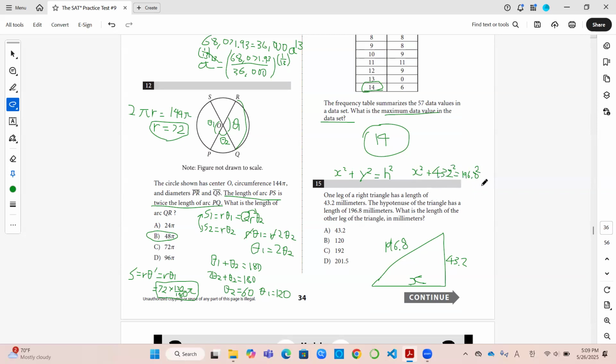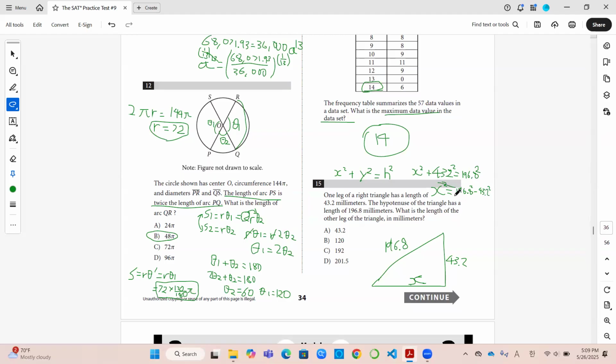All I got to do is set x squared equal to 196.8 squared minus 43.2 squared.